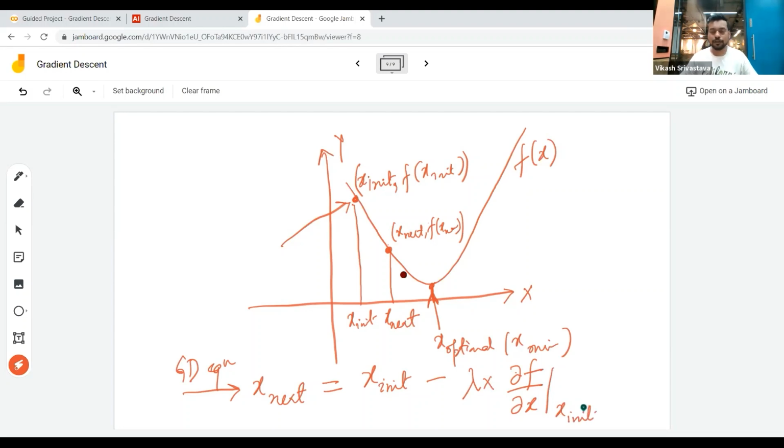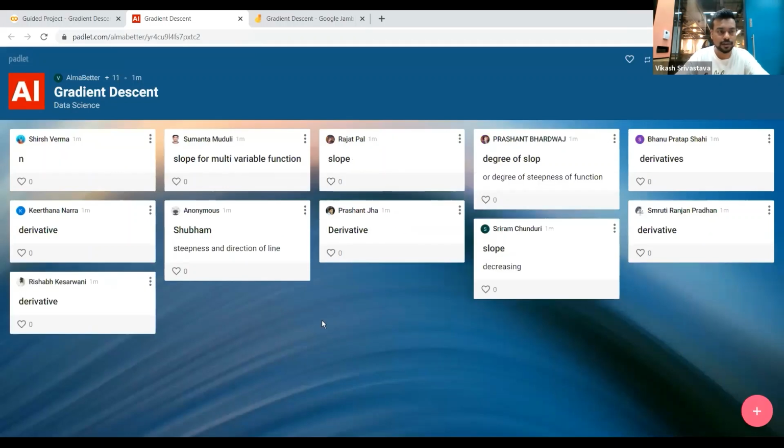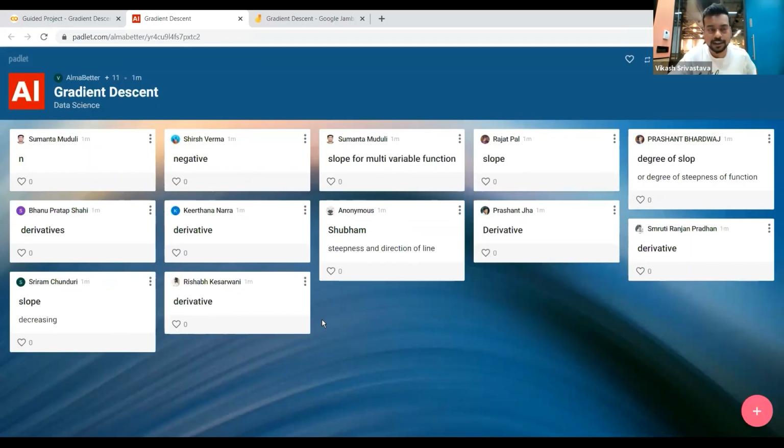Now let's say for this particular point, can you tell me what is the sign of this particular term? Let's say for this particular x init, what is the sign of the derivative or the gradient at that point?